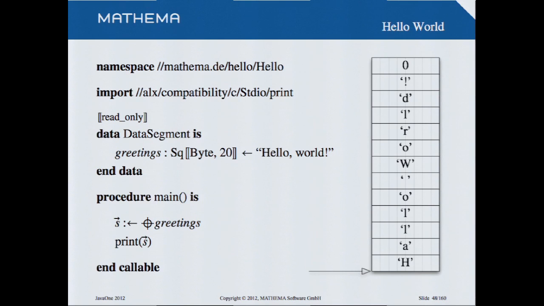We have data segments, and the data segments are like static variables in a class. The advantage is that you can put things in an arbitrary order. And if you take a look, you see that's a sequence of byte, and a sequence of byte means there is a sequence of 20 consecutive bytes lying there.